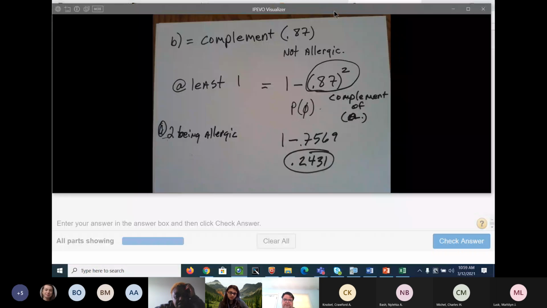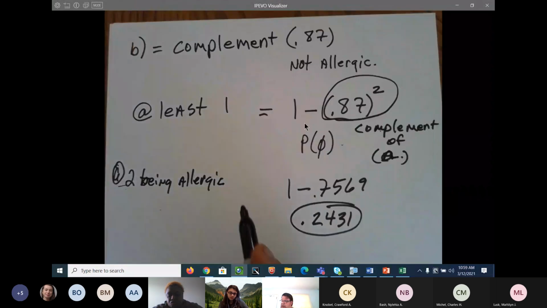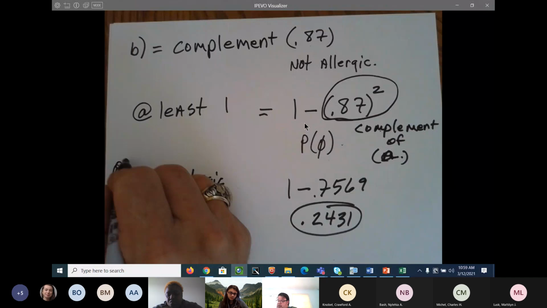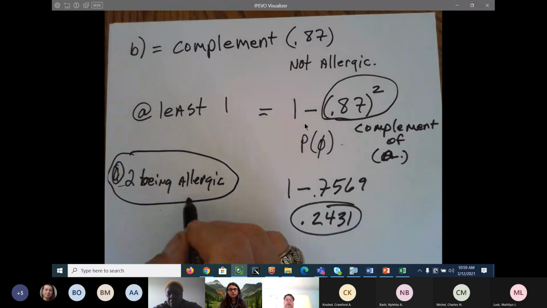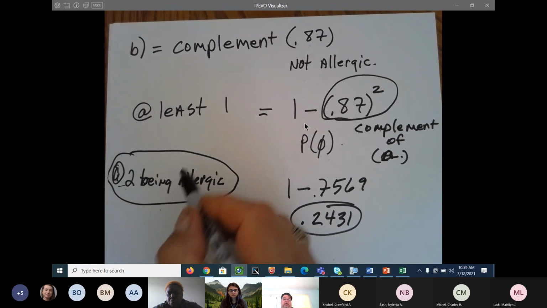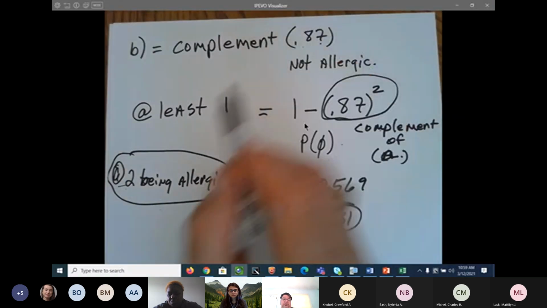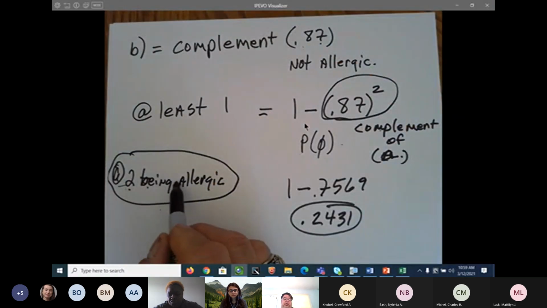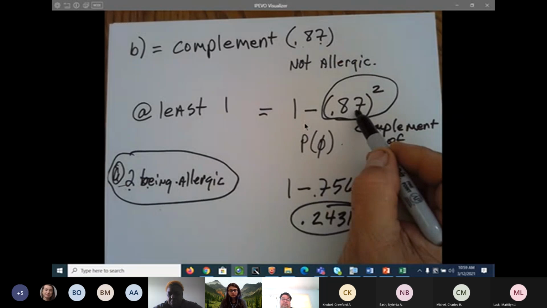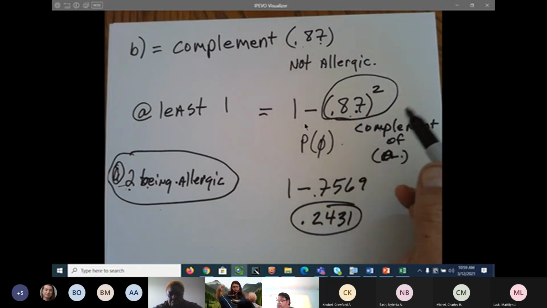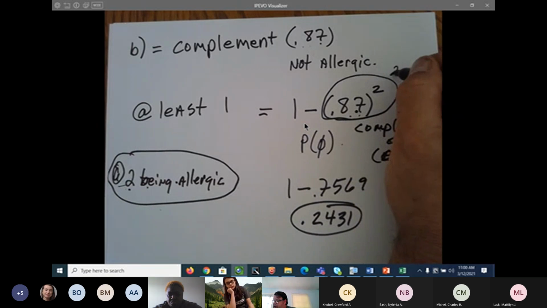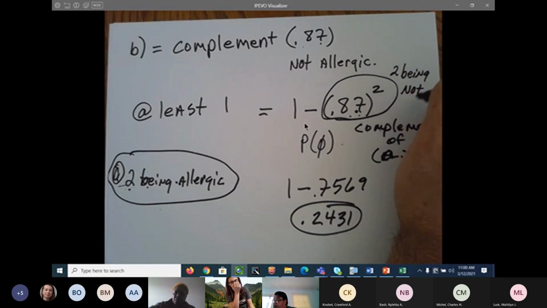In part A, we found 2 people being allergic. The complement of being allergic is 0.87. So the complement of 2 being allergic is 2 being not allergic.